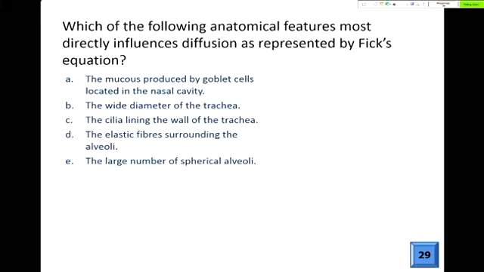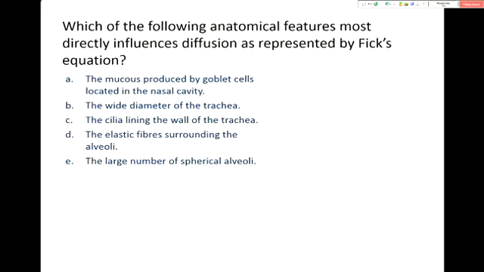Counting down 30 seconds. Okay, last minute guessing, 54, fairly consistent.